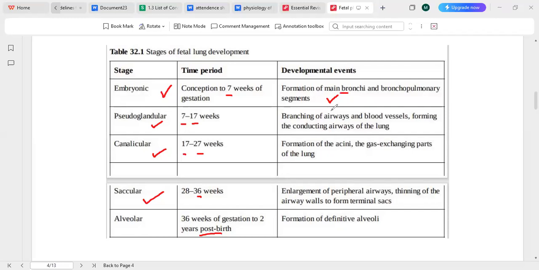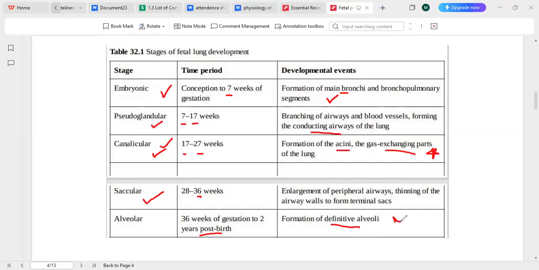Now we have branches of airways and blood vessels forming the conducting airway system of the lung, and gas exchanging parts of the lung in the canalicular phase. This was a question in the exam. Then enlargement of peripheral airways, thinning of the airways to form the terminal sacs, and definitive alveoli.